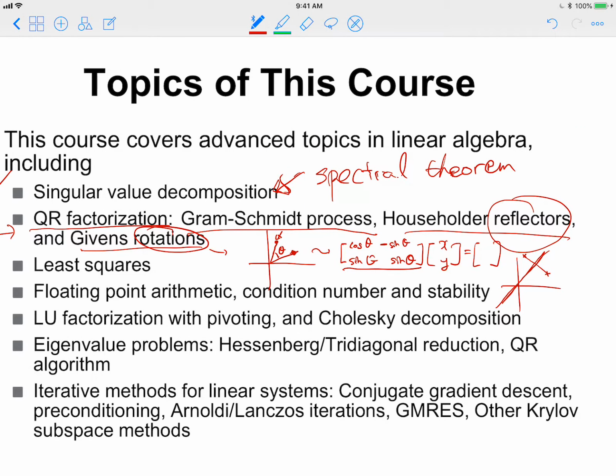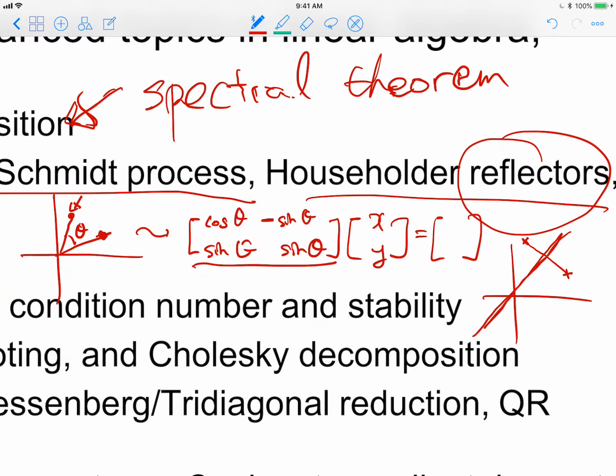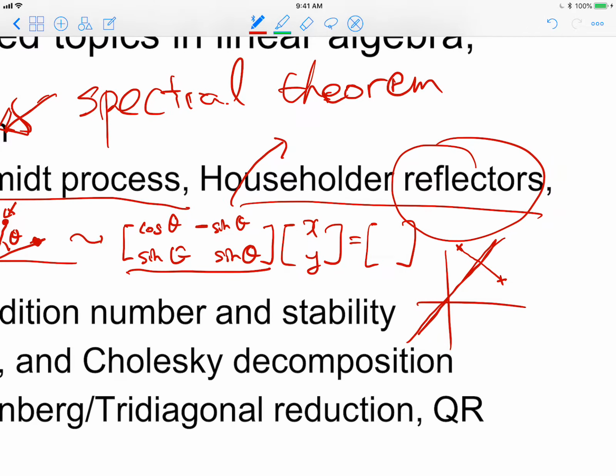We don't have an explicit formula for this, but in general, this matrix is an orthogonal matrix. Okay, so what is the definition of an orthogonal matrix?